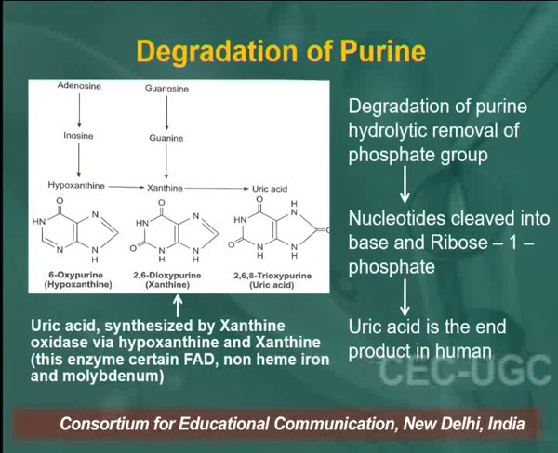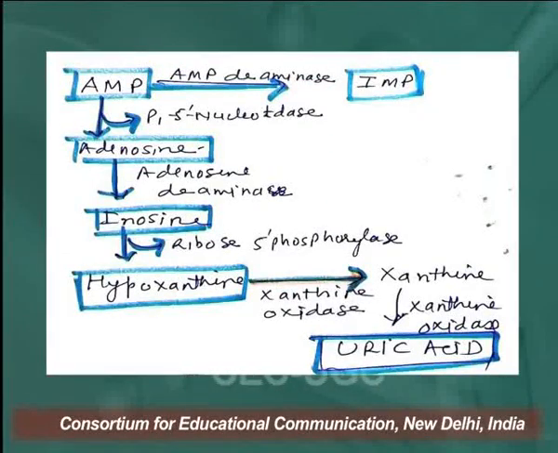Uric acid is synthesized by xanthine oxidase via hypoxanthine and xanthine. This enzyme contains FAD, non-heme iron and molybdenum. On your screen you can see how purine is metabolized into uric acid. In this scheme we can see the steps by which adenosine monophosphate is converted into uric acid, which is also a multi-step process.